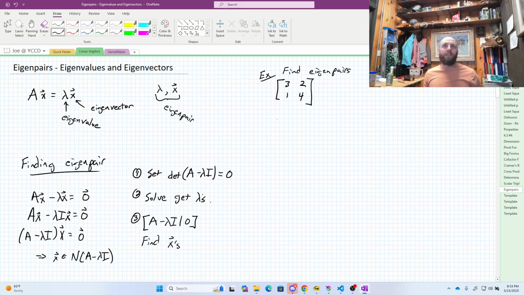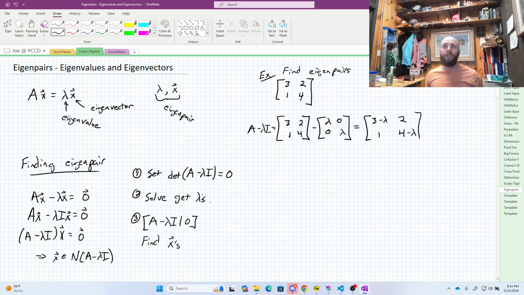Okay, so my first step is I'm going to take A minus lambda I. So A minus lambda I is going to be [3, 2; 1, 4] minus [lambda, 0; 0, lambda], which is going to give me [3 minus lambda, 2; 1, 4 minus lambda]. And at no point later are you ever going to have to write this chunk out. Just subtract those lambdas down the diagonal. It's real chill.